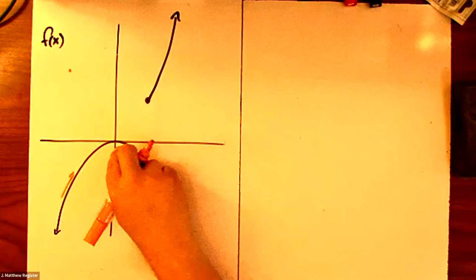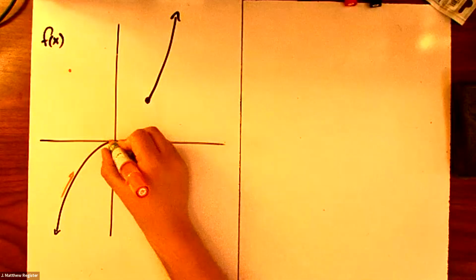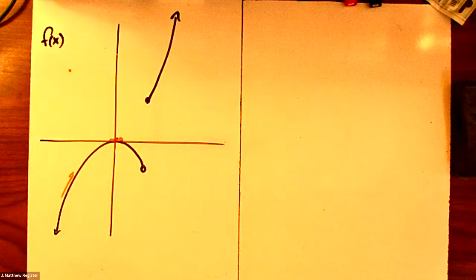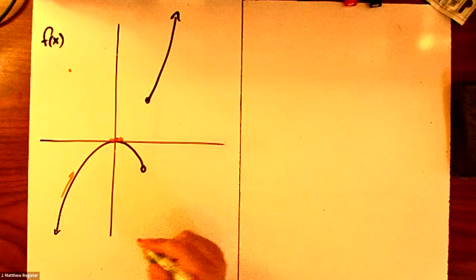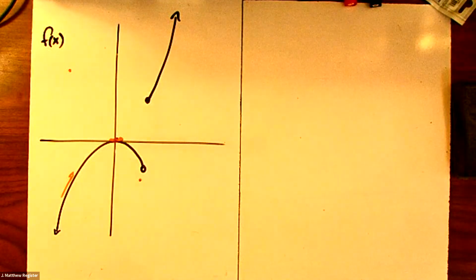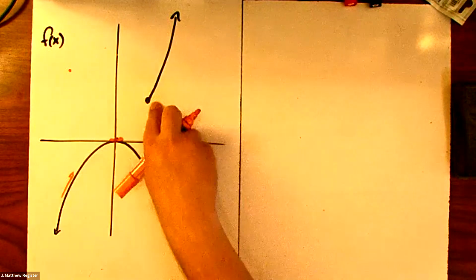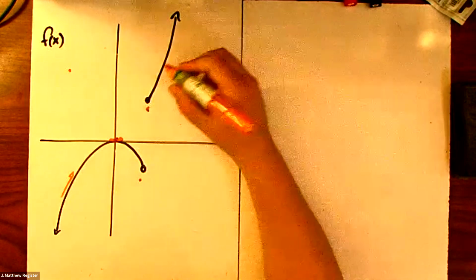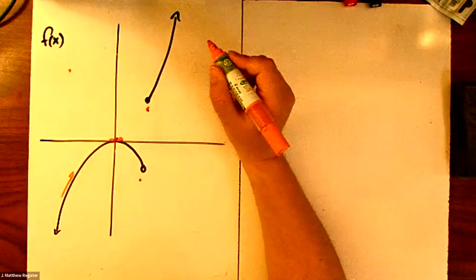Over here, the slope is 0 because it's flat. So that tells us we're going to have a value which is 0. Down here, the slope is negative. And so we know we're going to have values which are negative. But then it jumps. And starting here, it's going to have values which are positive.